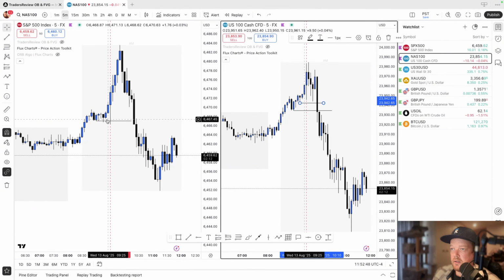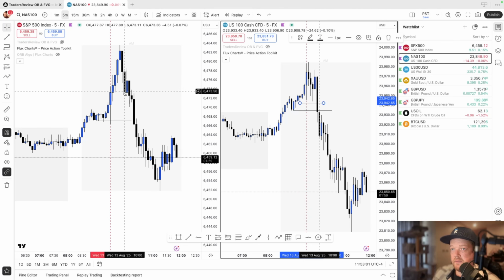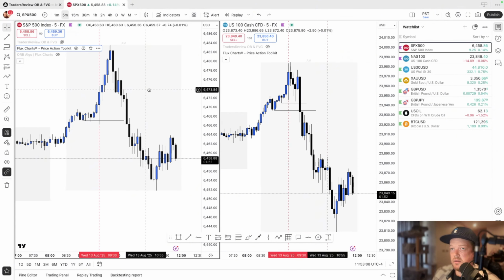It's going to be this one right over here. So again, Nasdaq took out the 5-minute low and the 15-minute low. The S&P was still above here. So Nasdaq is already telling me, all right, this is happening. Price is going down.